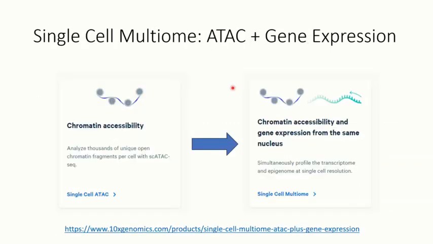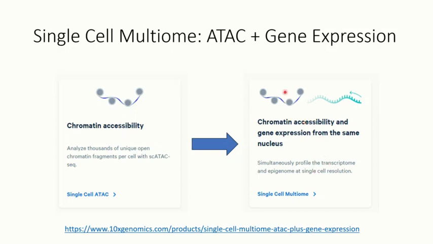This is the product page. I just took a screenshot. You can do single-cell ATAC-seq for your sample. Nowadays you can also do single cell RNA-seq and single cell ATAC-seq in the same sample, the same cell.